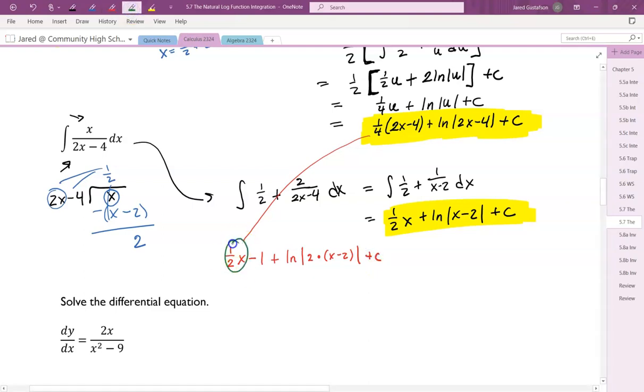Well, you might notice that now you can see the 1/2 x. What about the natural logs? If you remember our log properties, you might recall we can break up the logarithm into two different pieces. And right there you might notice, well, there's our natural log of x.